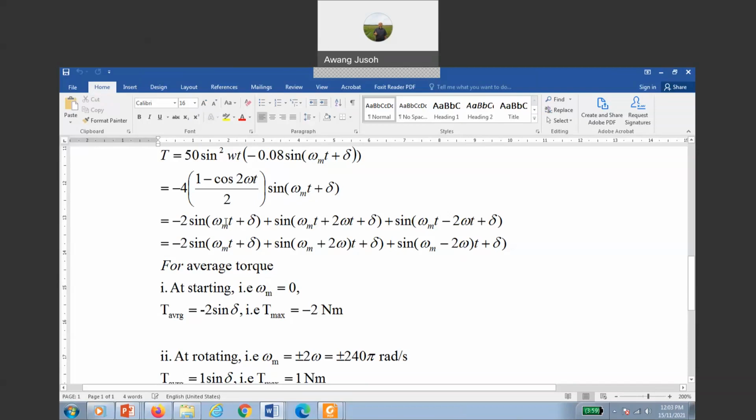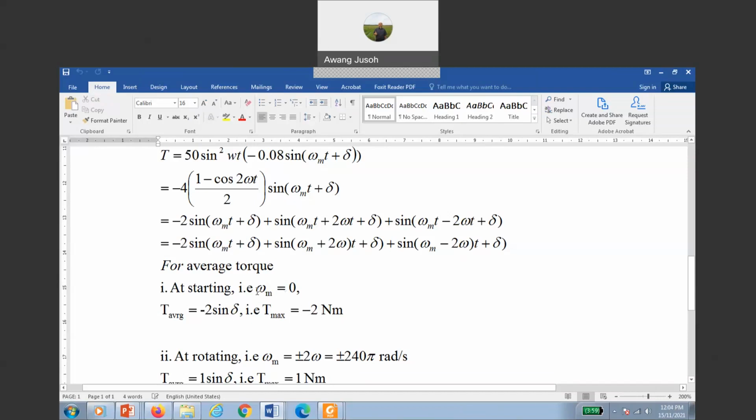Only the first part changes to a constant. So here, with omega m equal to 0, you get negative 2 sine delta, which is the equation for torque at starting. In order to find maximum torque, we just set delta equal to 90 degrees. Then we get torque equal to negative 2, the maximum torque produced.